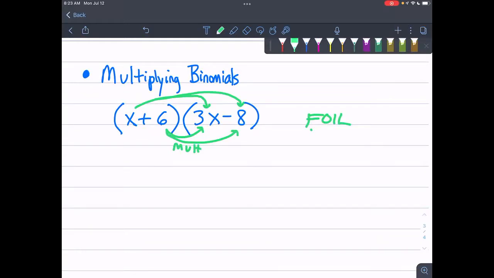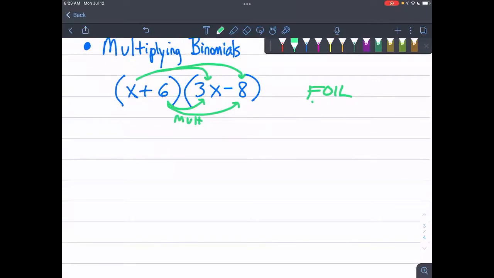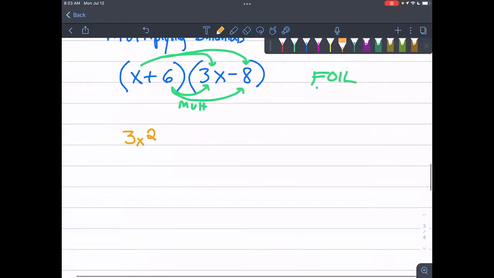So x times 3x is going to be 3x to the second. x times x, you're just going to add the exponents, the 1 and the 1. Then we're doing x times negative 8.